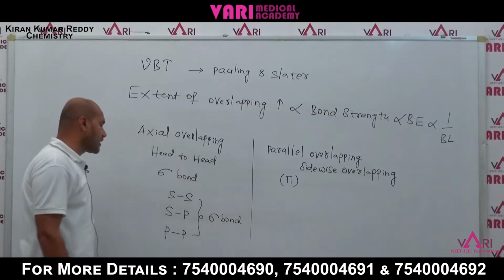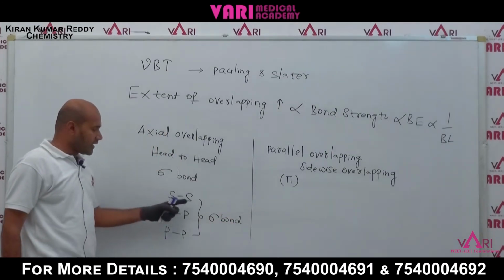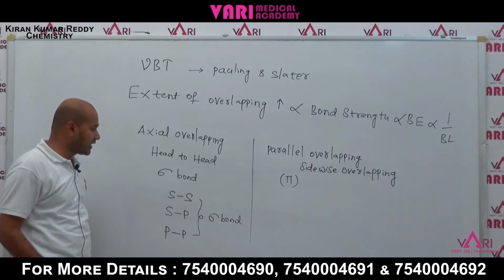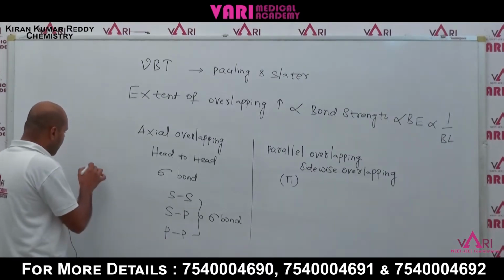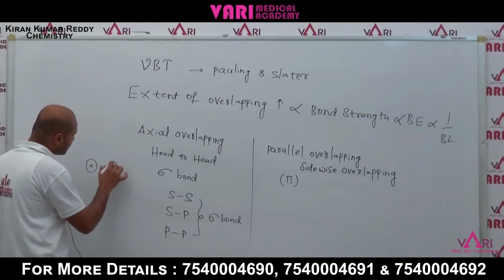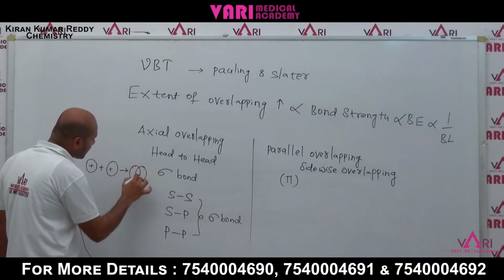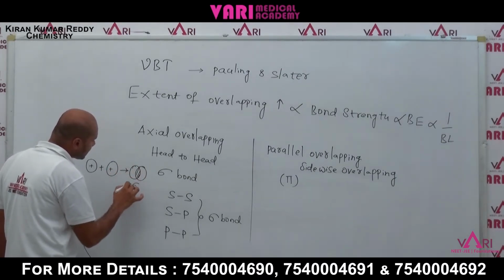Which type of orbitals, students? S and s orbitals. If s orbitals overlap, they form a sigma bond. For example, this one is one of the s orbitals, this is the other s orbital, they are head to head overlapping to form a sigma bond.